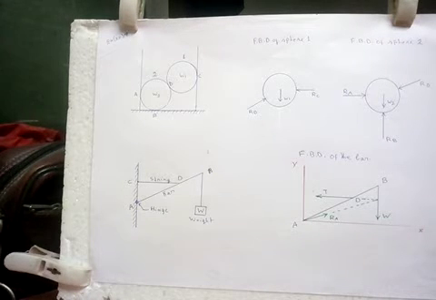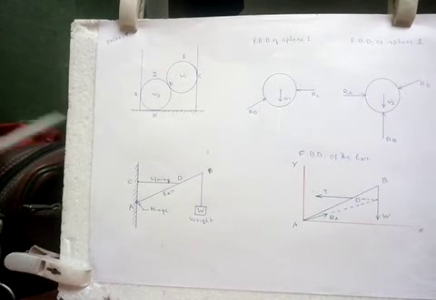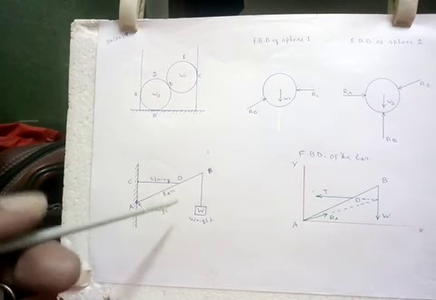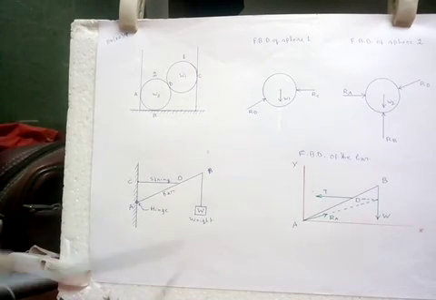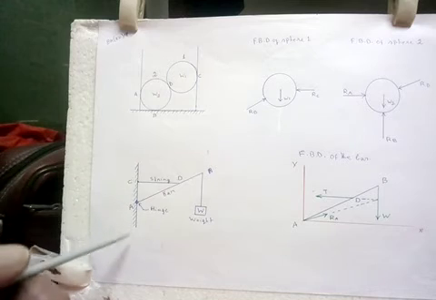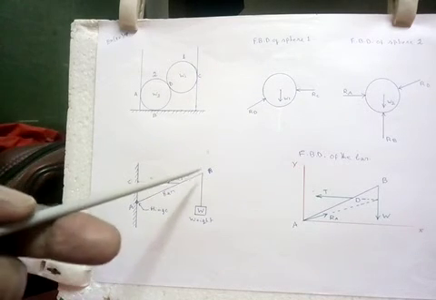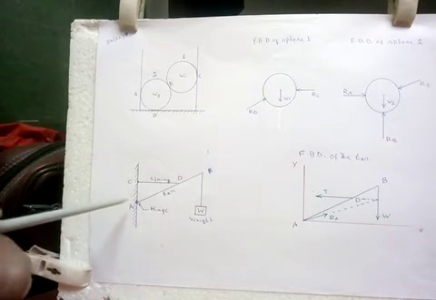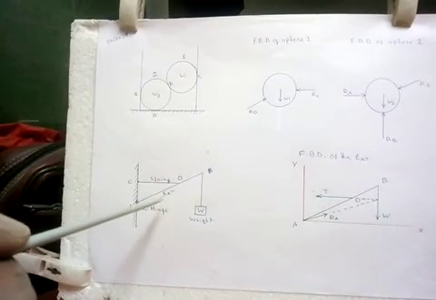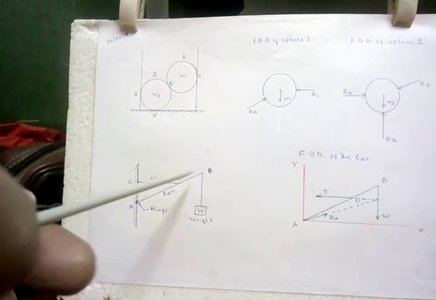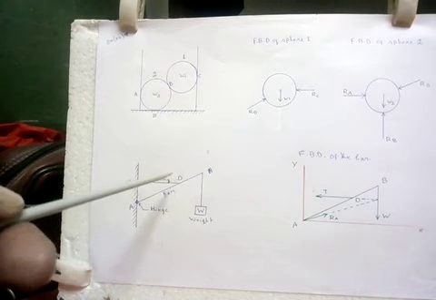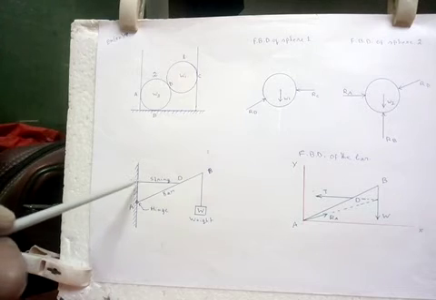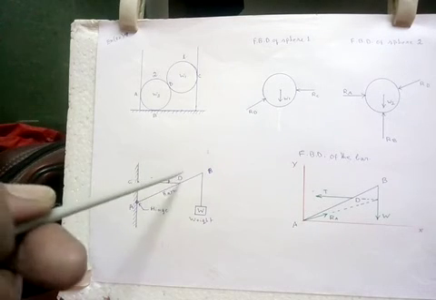Now in this example, this is the mechanical system. This is a wall and AB is a beam. I have written here, AB is a beam, and the beam is fixed with the wall by this string CD.